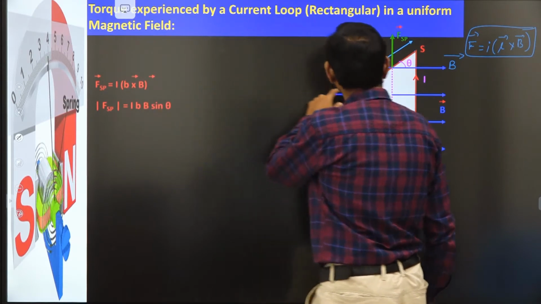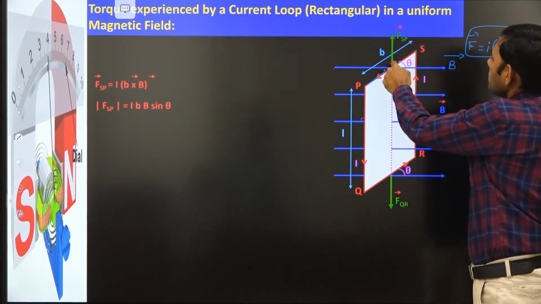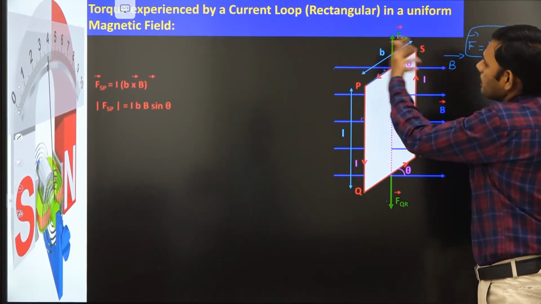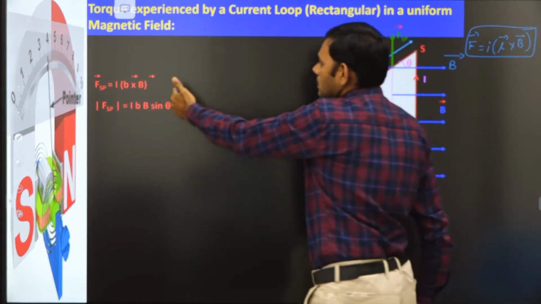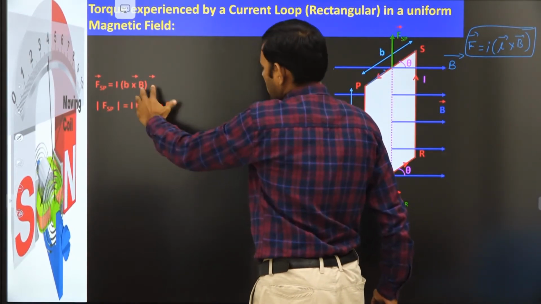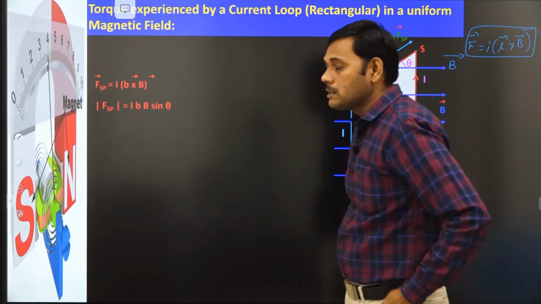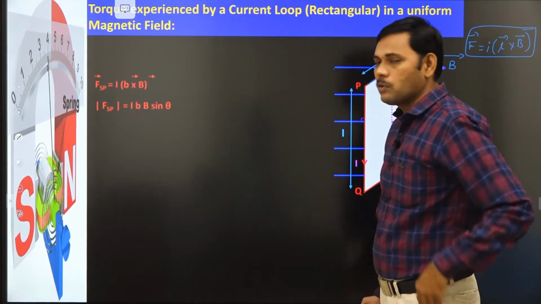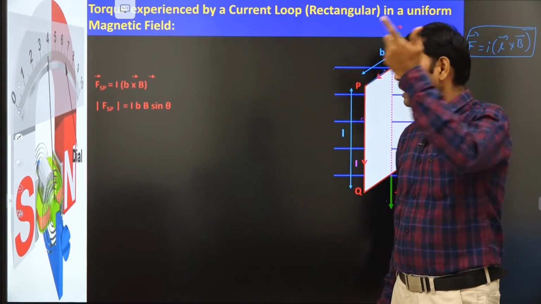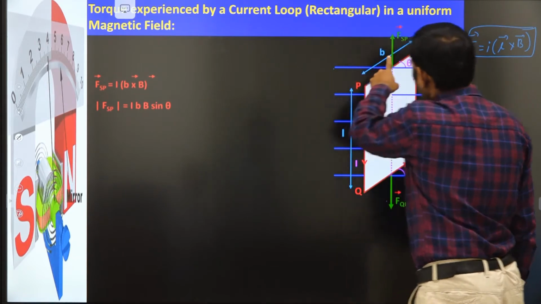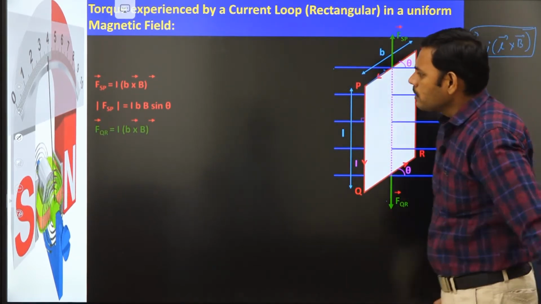If the angle between the breadth and the magnetic field, as shown in the diagram, is theta, then obviously we write the expanded form of the cross product as I small b capital B sin theta. Already I explained clearly the direction is upward.